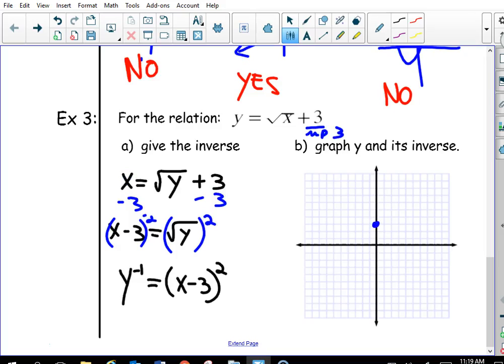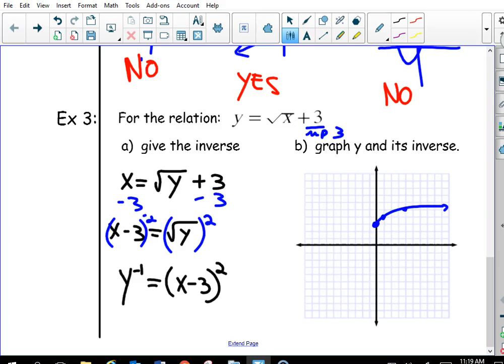So we get a point there, and then we move over. That would be 0, 0 up 3, and then we graph 1, 1, move it up 3. That gives me 1, 4. And then we graph 4, 2, move it up 3. That gives me 4, 5.